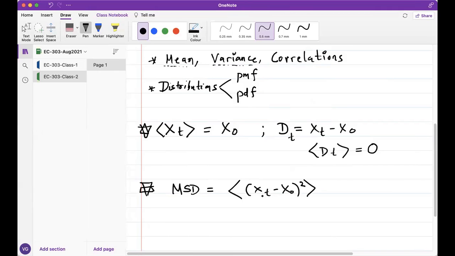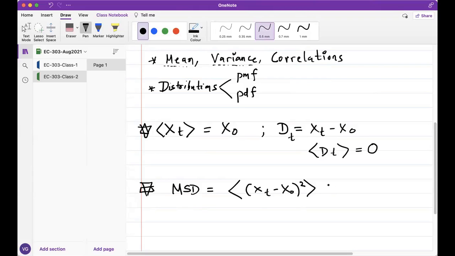So basically this measure xt minus x0 measures how far you are from the origin after t steps. Then you square it and then you do an average. The fact that you're squaring means that the positive and negative values don't cancel anymore, they won't add up. So this is really a measure of the spread of the random walker from the origin or the starting point.